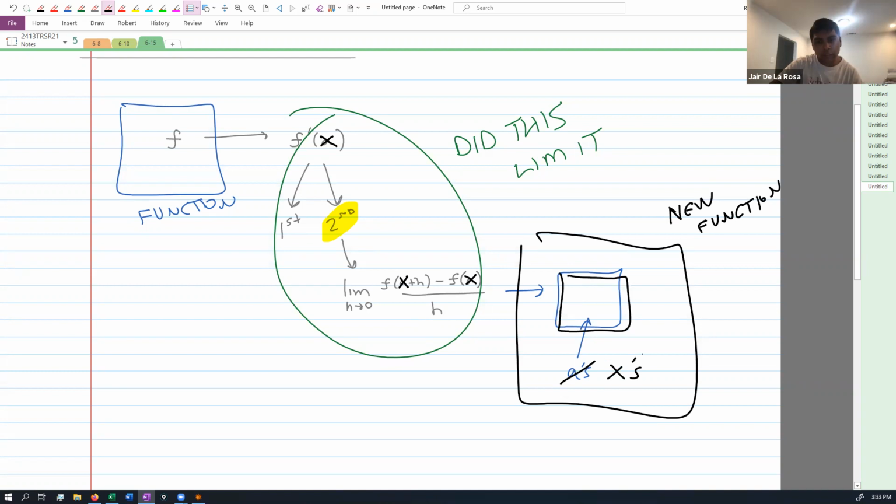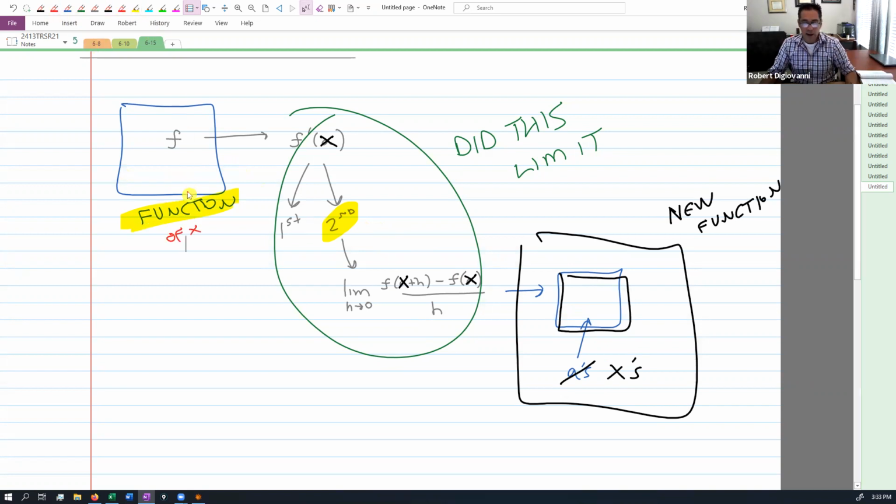And so it's like we start with a function of X, do the derivative, and end with a new function of X.